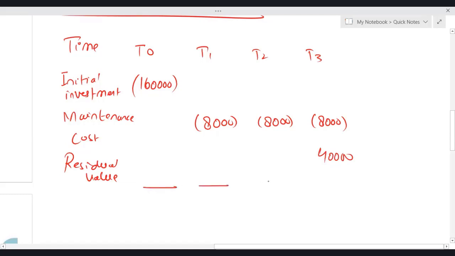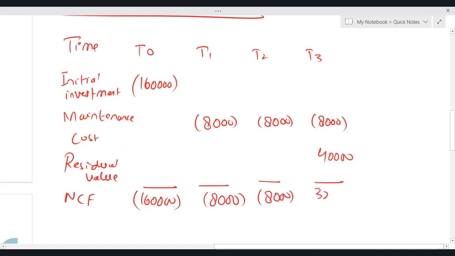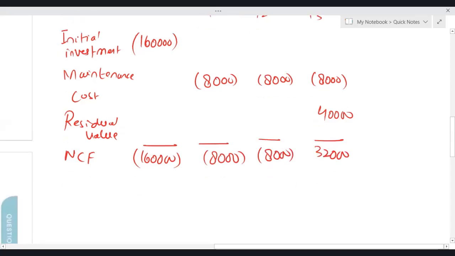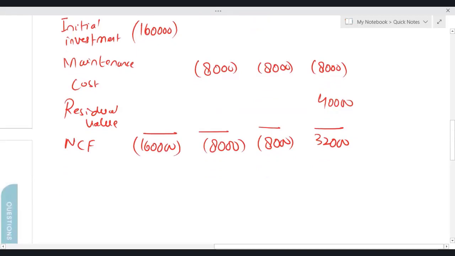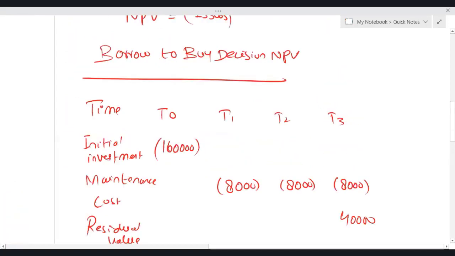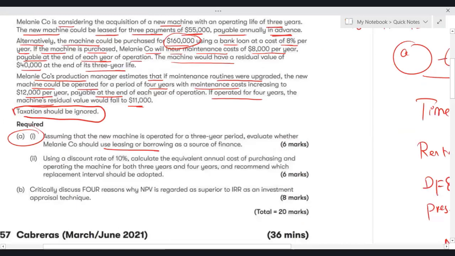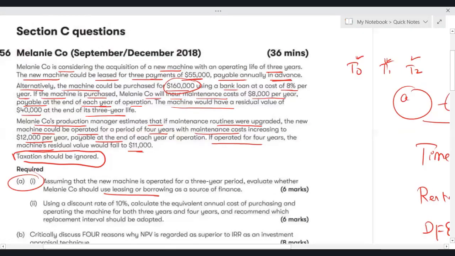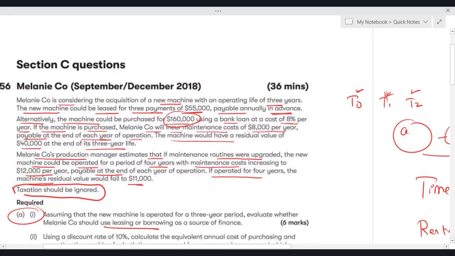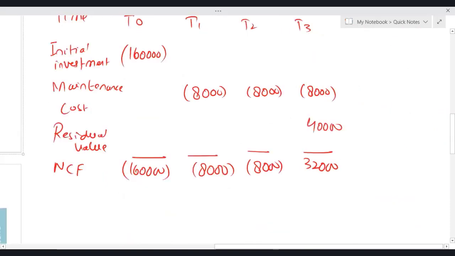So let's calculate net cash flows. We don't have anything else. Nothing else.